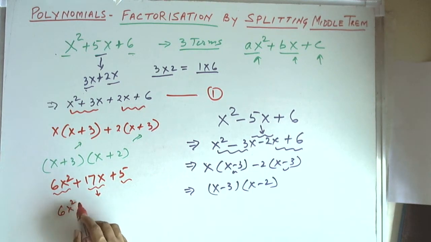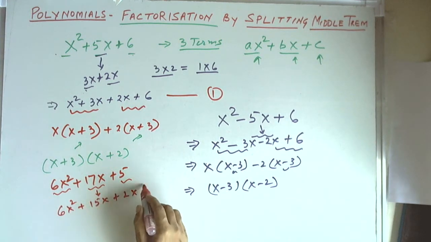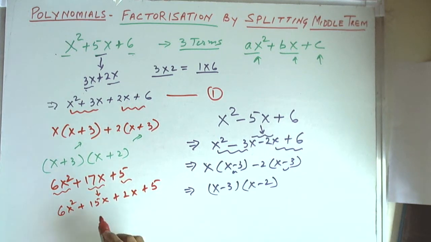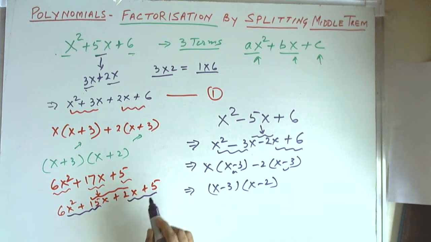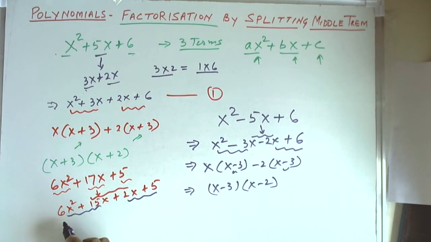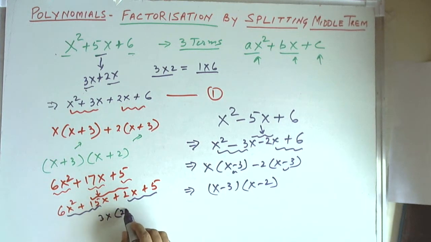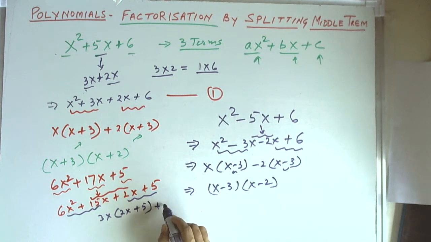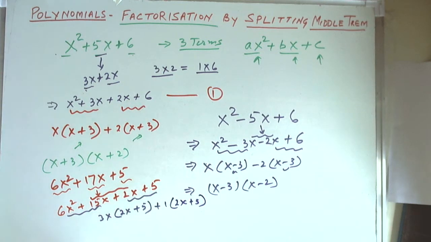So then 6x square plus 15x plus 2x plus 5. So we have split 17x into 15x plus 2x. So this is where a little trick is required, and after that we again do the pairing, and then we find that from the first pair 3x is common, so we are left with 2x plus 5, and then in the second one only 1 is common, and then we have 2x plus 5.